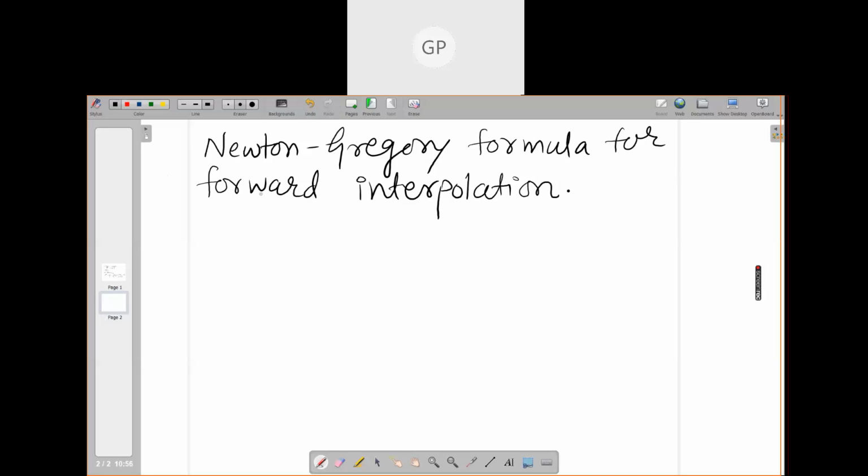So we are taking it after the fundamental theorem of difference calculus, right? The fundamental theorem of difference calculus says that when you have an nth degree polynomial, you are considering n plus 1 values, right? N plus 1 terms are there.